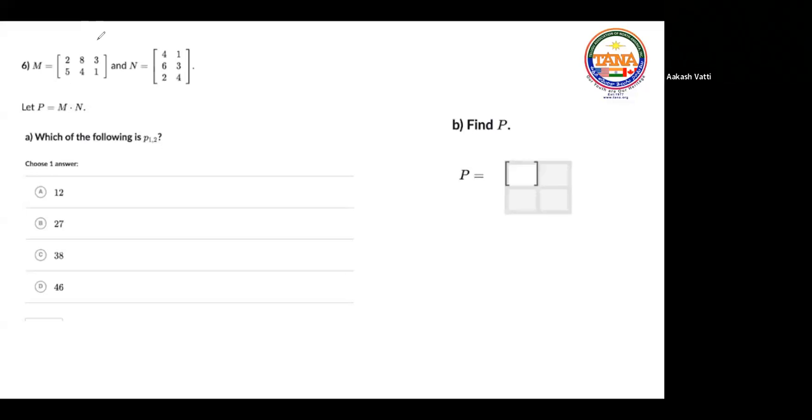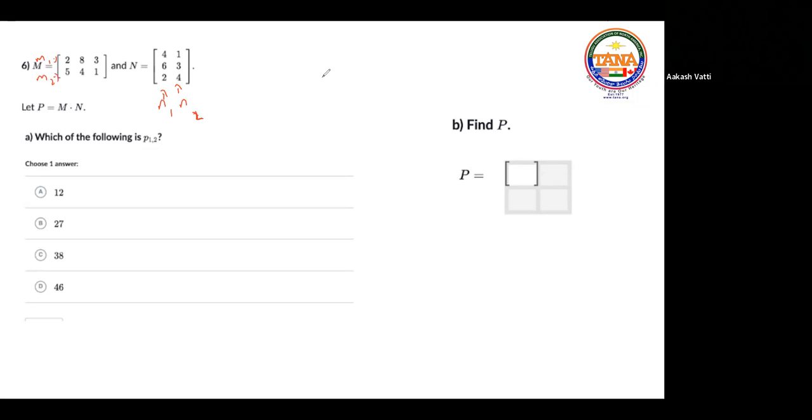So you can start by labeling the rows in matrix M and the columns in matrix N. N1 is right here, N2 is right here. That's a 2, not a 1. And you have M1 right here, M2 right here.